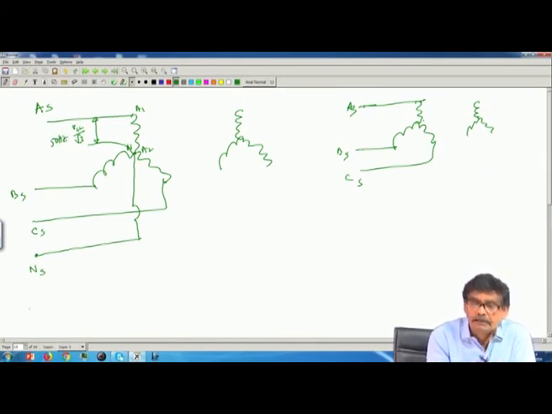I am considering the supply to have no harmonics. So it will come here. But if this voltage is 50 hertz, then the flux in the core has to be sinusoidal, because KVL is to be satisfied here. Then in this connection the core flux will be sinusoidal, 50 hertz.